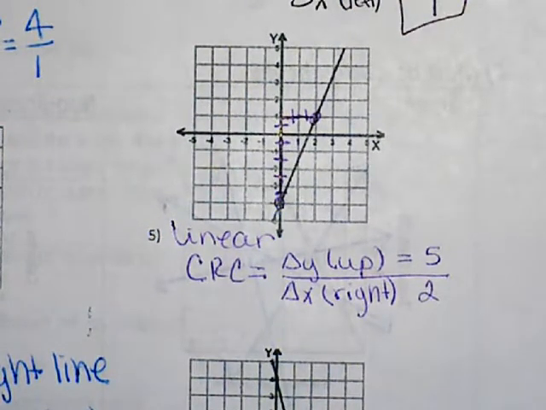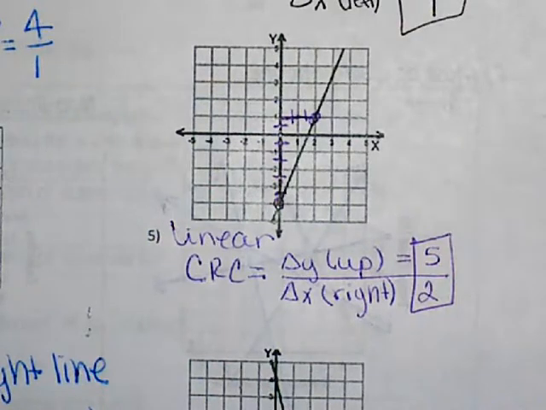Therefore your slope is 5 over 2, or your constant rate of change. How did you do on number 5? Do you have any more questions?